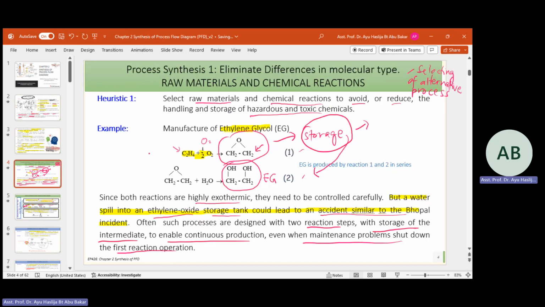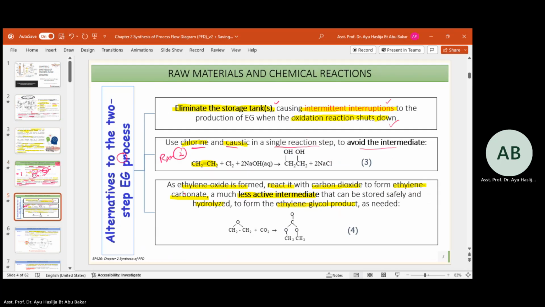Let's say this one is reaction 1, and this one is reaction 2. Or, as the intermediate ethylene oxide is formed, react it with carbon dioxide, CO2, to form ethylene carbonate, which is less active.